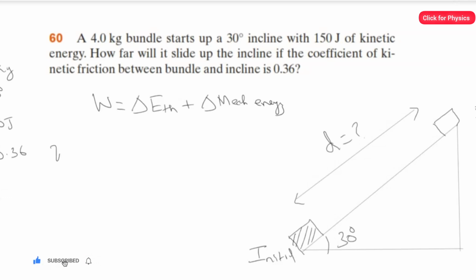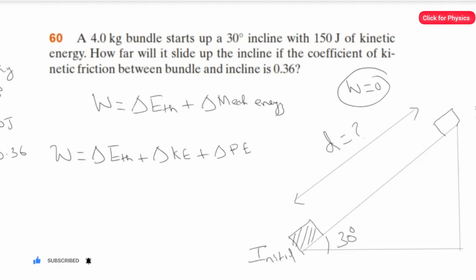So we write this rule as W equals change in thermal energy plus change in kinetic energy plus change in potential energy. If the system is isolated, then work done is equal to 0. So the equation becomes change in thermal energy plus change in kinetic energy plus change in potential energy equals 0.